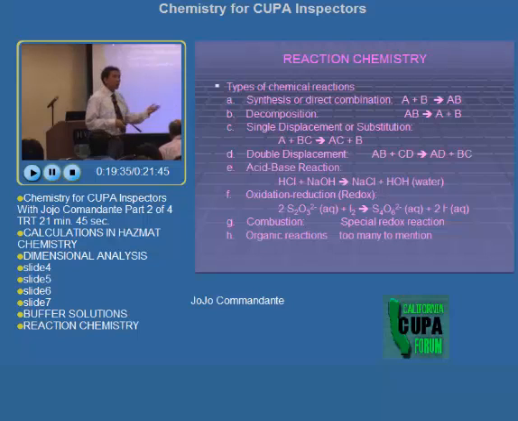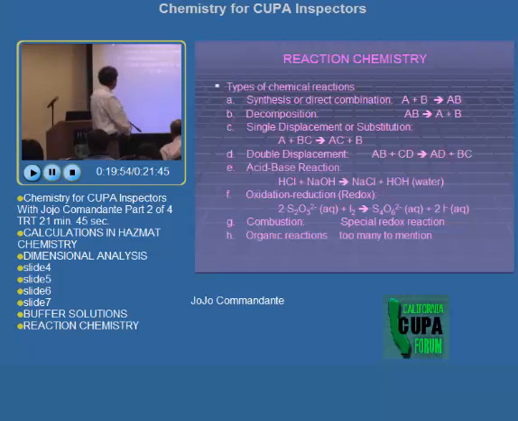Like hydrogen peroxide can decompose into not hydrogen and oxygen, but water and oxygen. There will be a slide for an incident that I went to involving hydrogen peroxide, which we will discuss later.